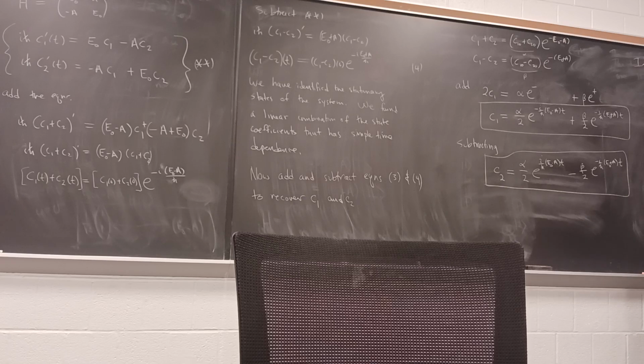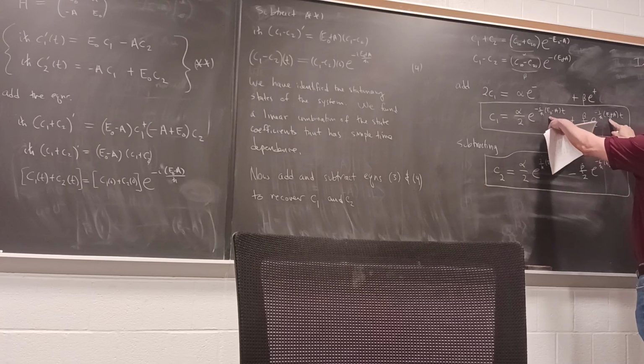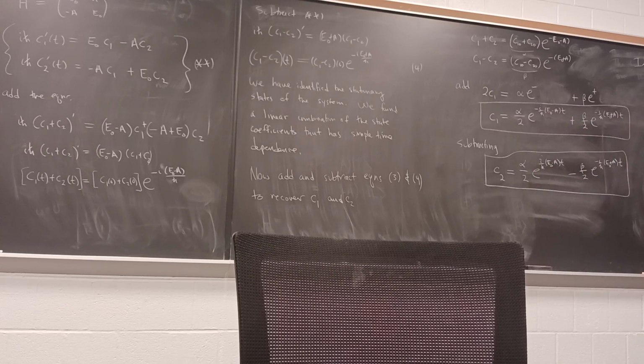So C1 of t then will be 1/2. What's a term I can pull out here? My E0 terms have the same sign in both exponents, so I can pull some stuff out.